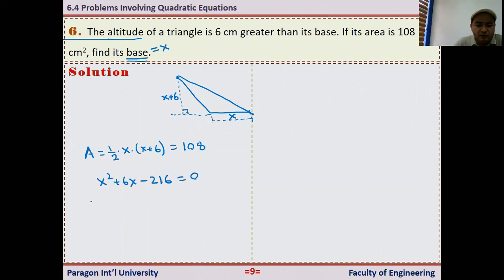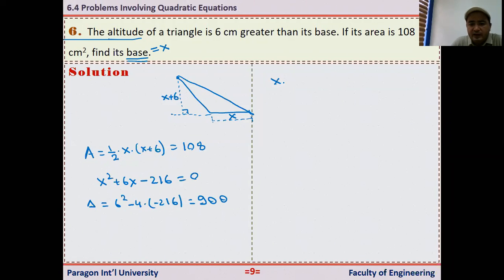Let's solve this using the formula. First, we define delta, that is 6 squared minus 4 times negative 216. So that's equal to 36 plus 4 times 216, that's equal to 900. Okay.